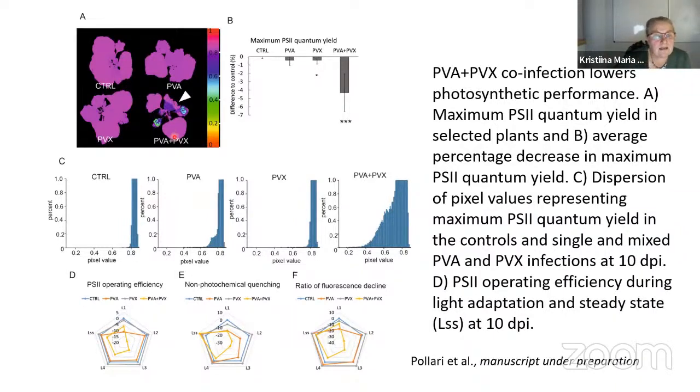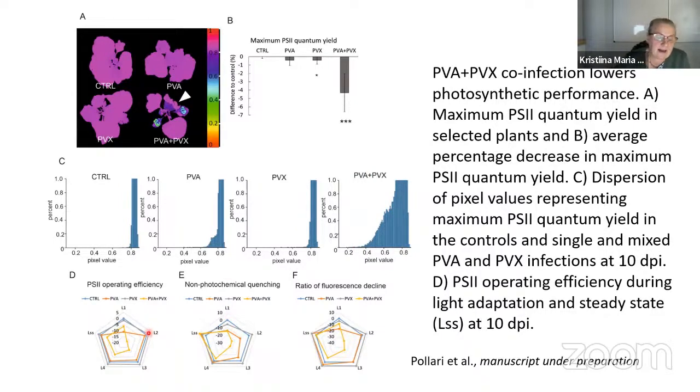If we look at these pixels, how they look in the control and in the mixed infected plants, with the normal cutoff for pixel values at 0.8, we have many more stressed pixels, stressed cells, in these double infected plants.